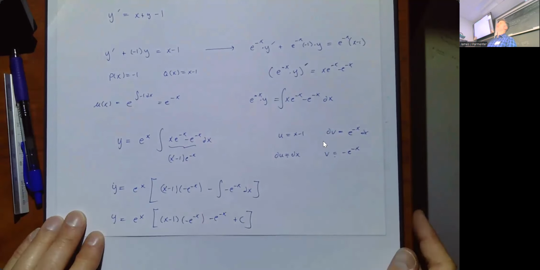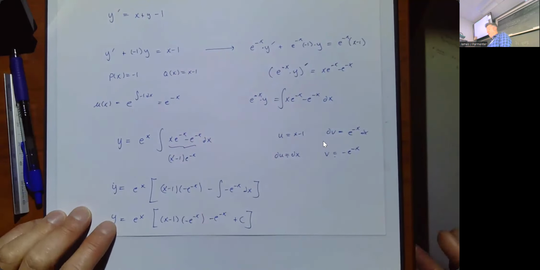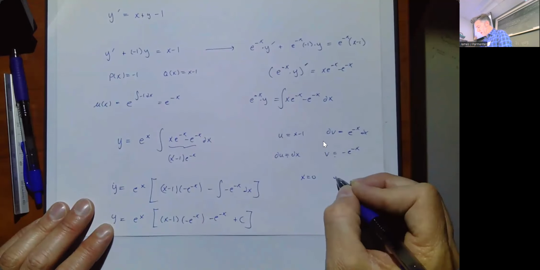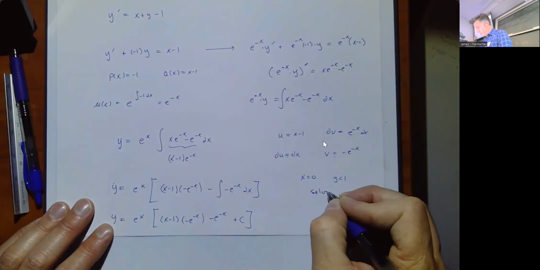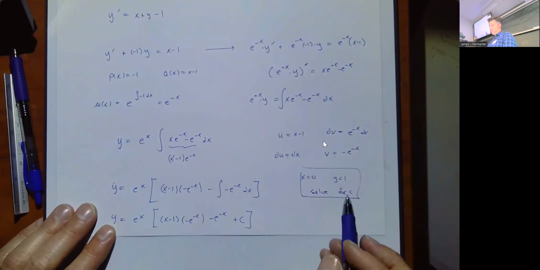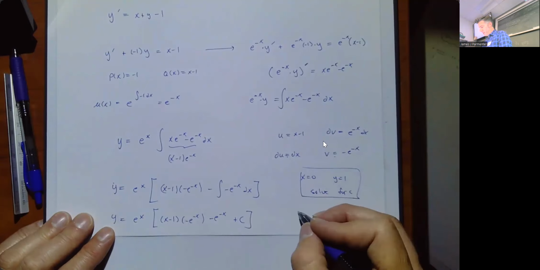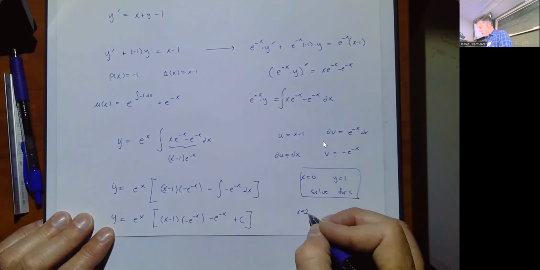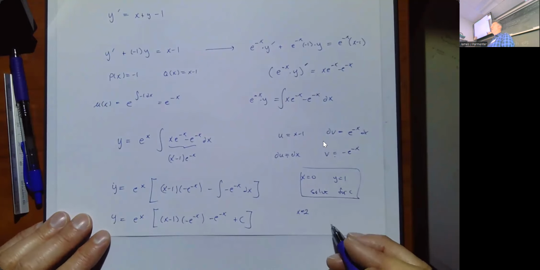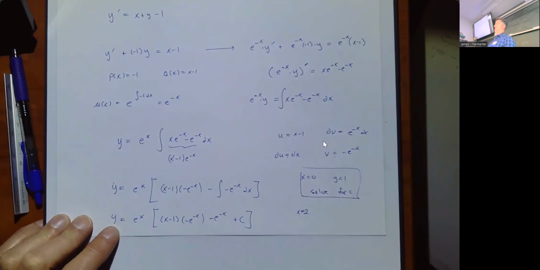And then you'd have to plug in the point 0, 1 to find your constant. So you plug in x equals 0 and y equals 1, and solve for c. And then after you do that, you can plug in x equal to 2 to find the y value. And it should be reasonably close to what we estimated, which is 3.06, whatever.